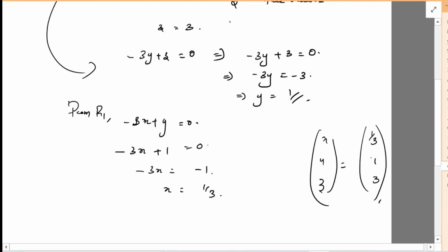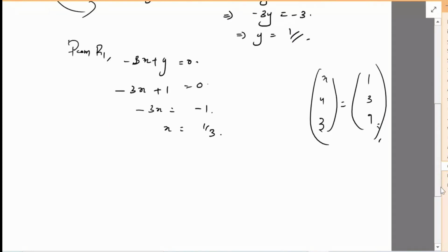This is also an eigenvector. If we need to avoid the fraction, multiply throughout by 3. So if you multiply throughout by 3, we will get 1 3 9. So 1 3 9 is the eigenvector. Or you can write it as 1 by 3, 1, 3. Both are the same. So x, y, z equal to 1 by 3, 1, 3 or 1 3 9.